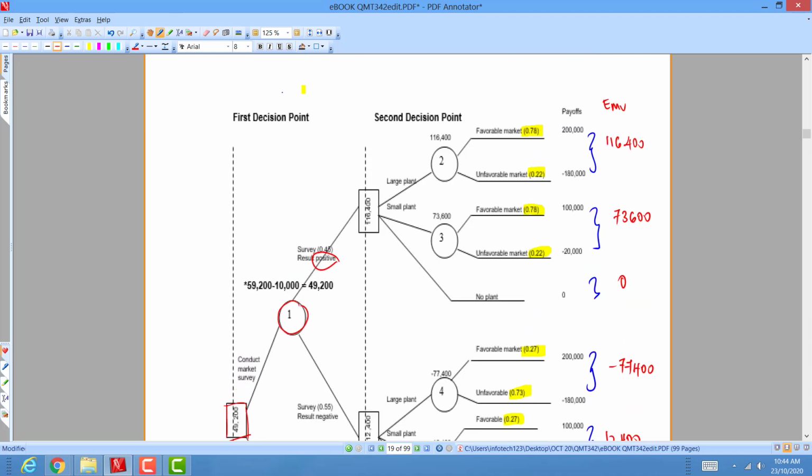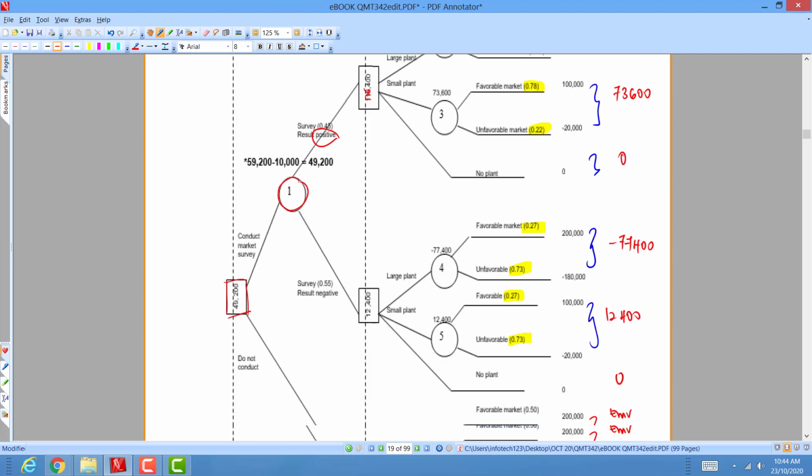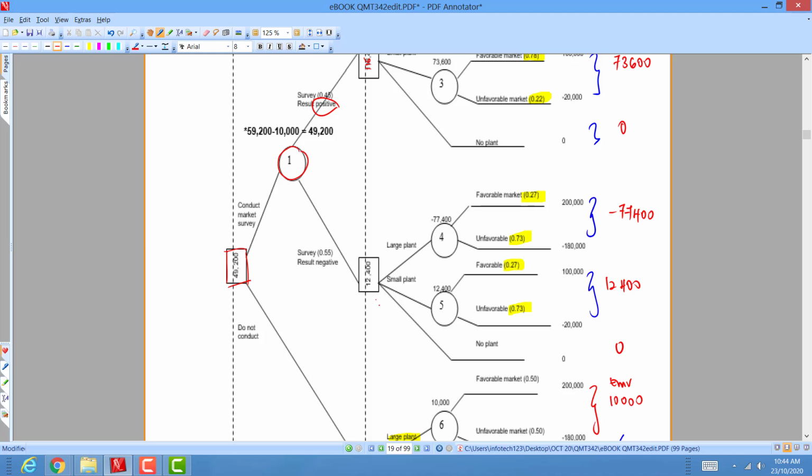Now you have to decide which one is the largest value to put here. I pick 116,400, the largest value, so I write it here. For this one, the largest is 12,400, so you put that value here.